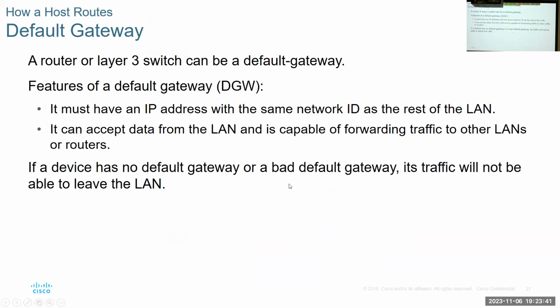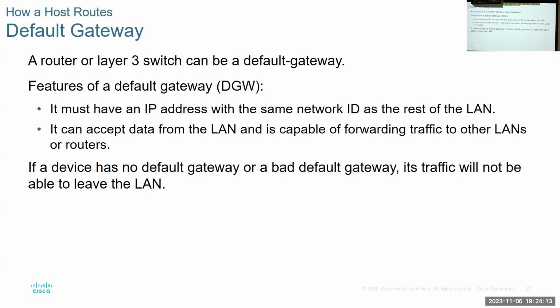Okay, so we know the default gateway would be our router or our layer 3 switch, which is really just a switch with router capabilities built in. So it's called a layer 3 switch. If you don't have a default gateway configured, depending on the operating system, Windows will just say something like transmit error.